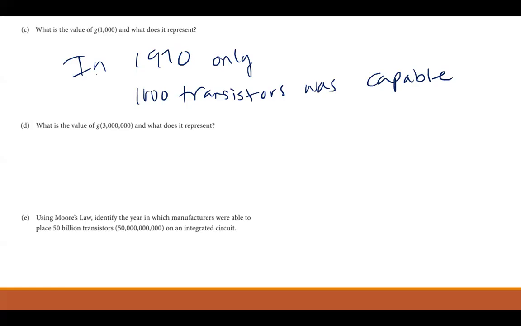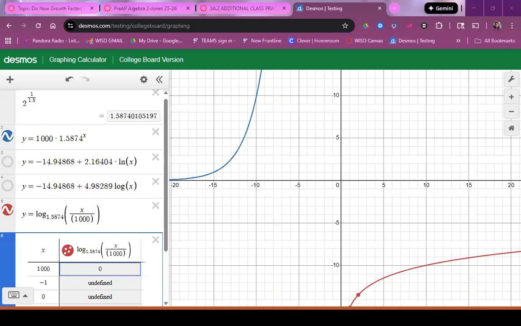Now that I have my inverse model, can I calculate in what year roughly was 3 million capable? Could I calculate when about 50 billion was capable? Yeah, I can. So when I go back to the computer calculator, I'm going to go to my table.